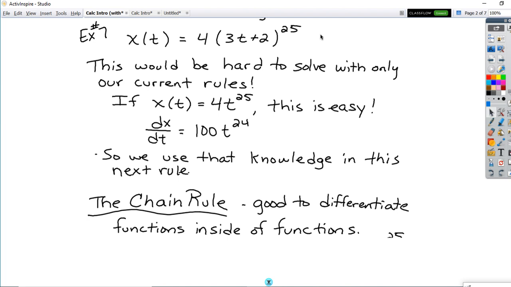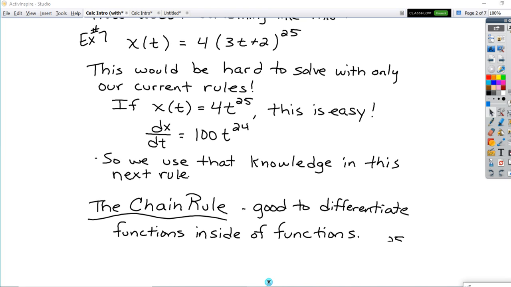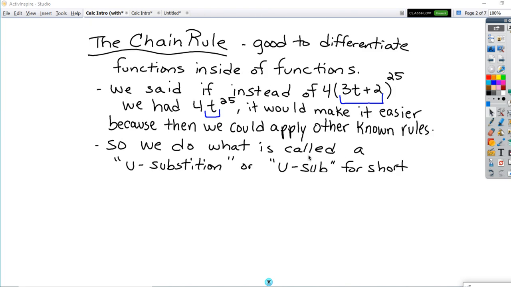So we can solve this problem using chain rule by utilizing our knowledge of taking the derivative of something like this. But obviously these are two different functions, so what will the difference be? So let's look. We're going to use a process called U substitution, or U sub for short.